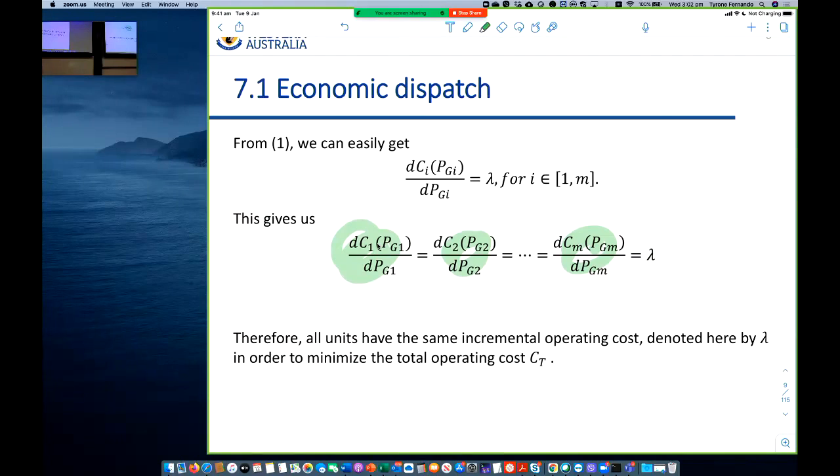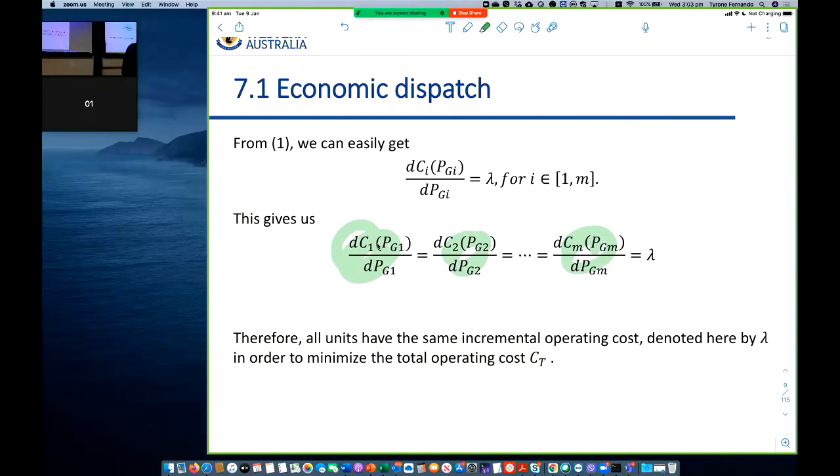When we equate them, we will have a solution for C1, C2, C3, etc. We will know what is PG1, what is PG2, what is PG3, etc. So that's the power that we need to assign for each of those generators to minimize the overall cost.